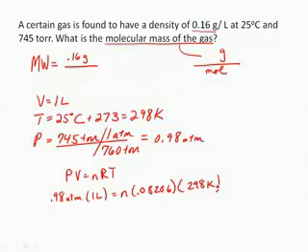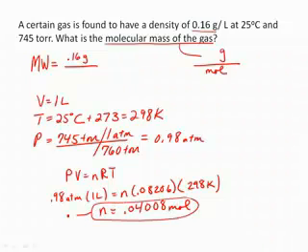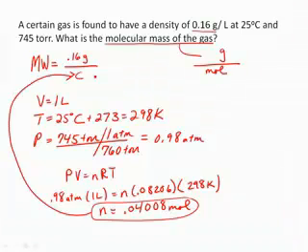So 0.98 divided by 0.08206 times 298. I get 0.04008 moles. And that value is what I'm going to use right here.